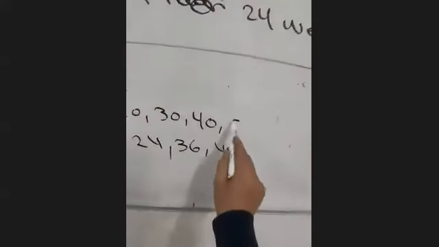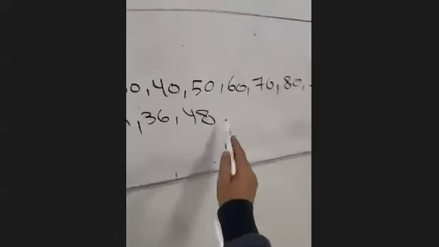No, not yet. So we need to continue until we have a common one. After 48, what do we have? 60. Yes, 60 is the least common multiple.